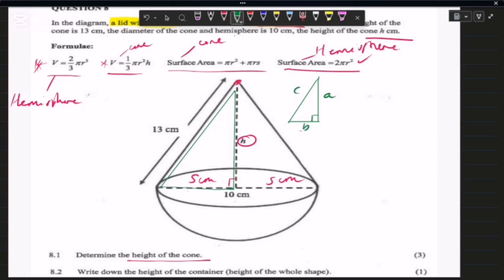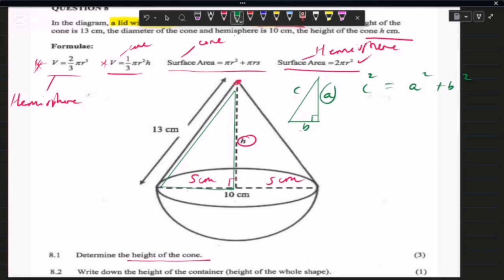The theorem of Pythagoras states that the hypotenuse squared is equal to one side squared plus the other side squared, like this. Now if you want a different side, let's say we want A, we will simply make A the subject of our formula.